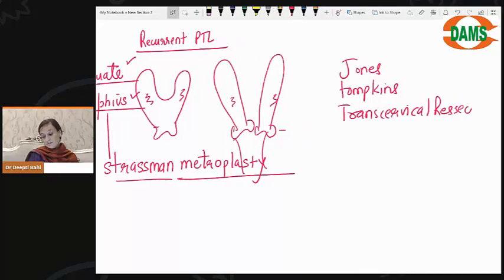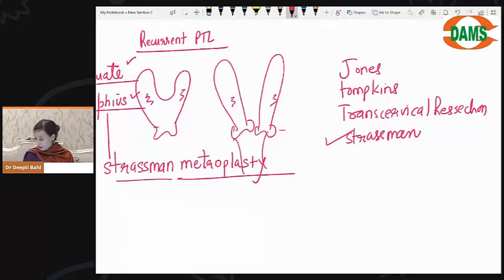What is the answer? The answer is Strassman. Strassman is not a surgical procedure for septate uterus. It is a procedure which we do for bicornuate or didelphys.